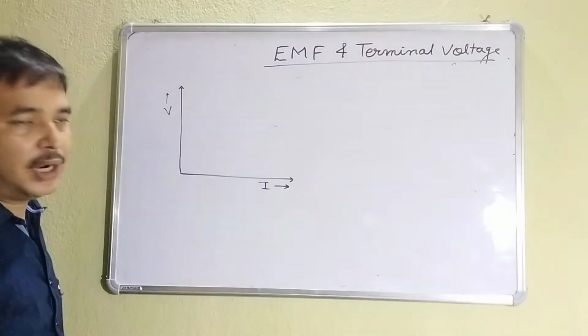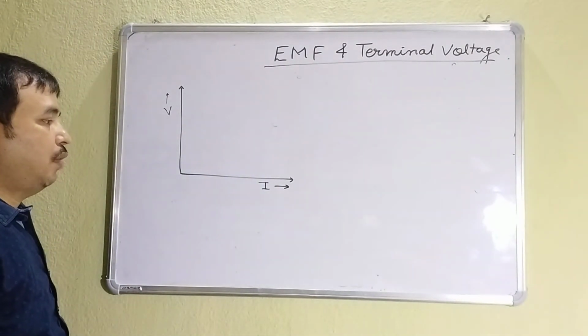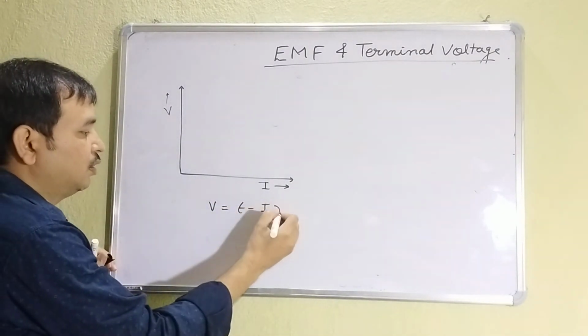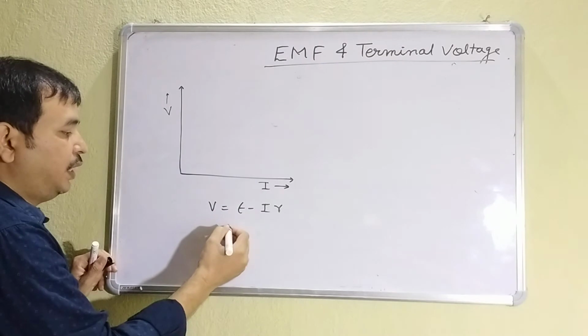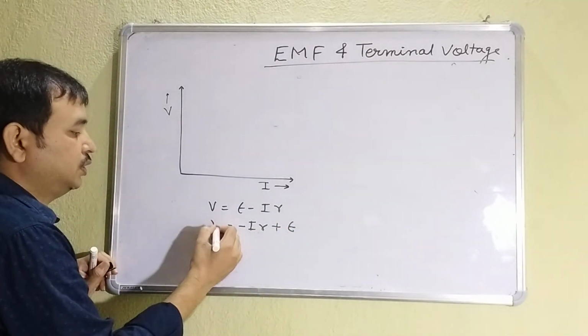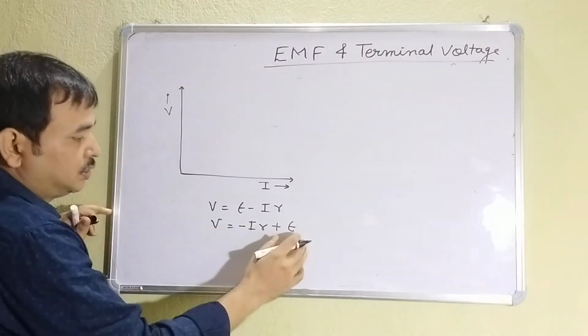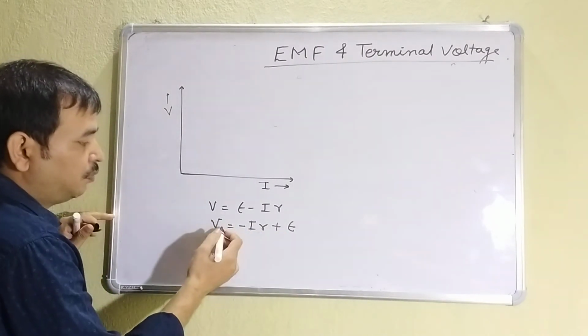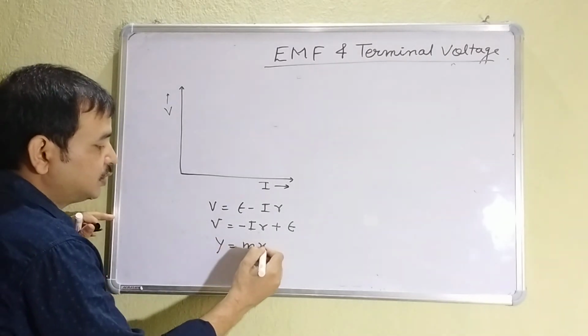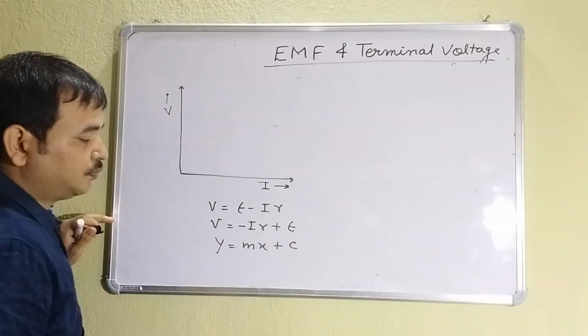Now you have to draw the graph between V and I. We have derived the formula that V is equal to E minus Ir. So you can write this as minus Ir plus E. This is the equation. You can compare with the equation of a straight line, y is equal to mx plus c.